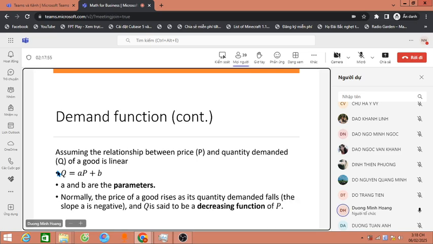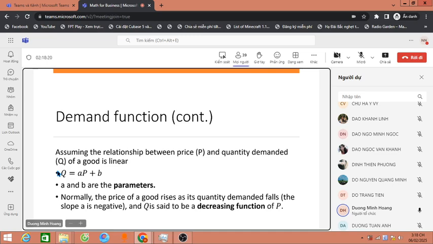What is a demand function? A demand function is just a mathematical way to describe the behavior of consumers or buyers. I believe you already learned this in your microeconomics class, but I'm going to review some of the knowledge here.